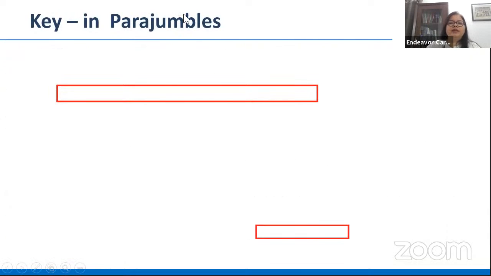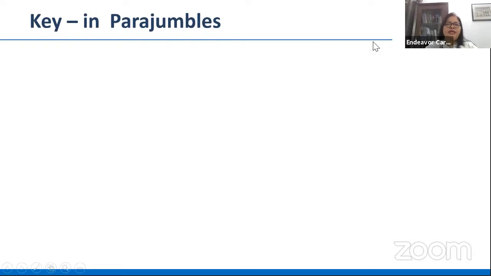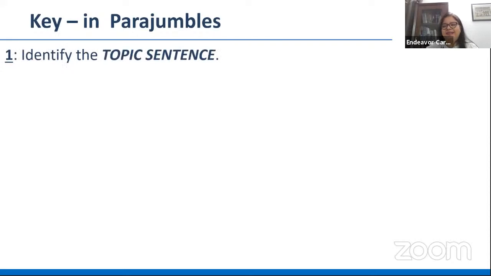So that means that there is going to be at least a sentence or a couple of sentences in a paragraph which I can regard as the key sentence, the sentence that captures the main idea, more or less. This is the main point of this paragraph. Let's call it the topic sentence, right?